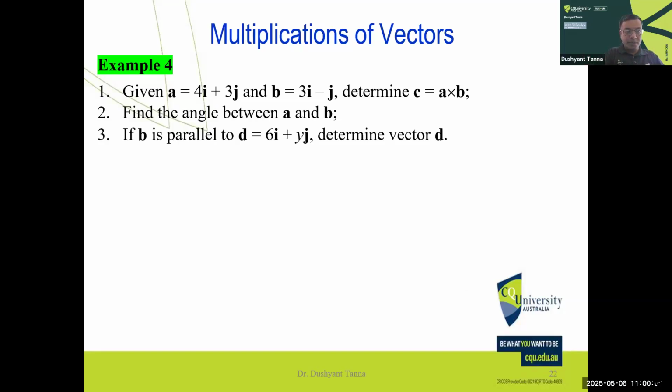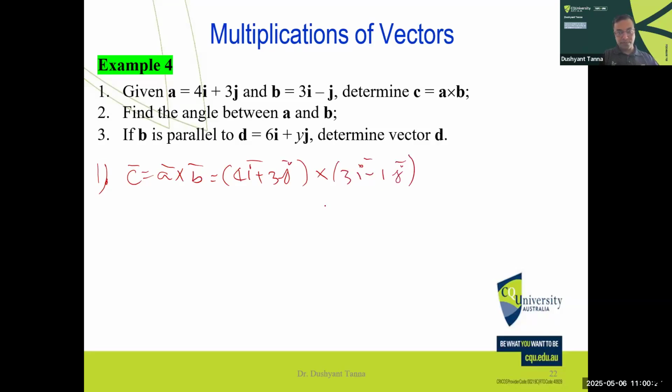So first one, vector C is A cross B. By definition, we know what it is, right? First last and last first. Okay, so I'll write it here. 4i + 3j cross 3i minus j. I'll just write the 1 for convenience. You don't have to. I'm just writing it so we can compare it.